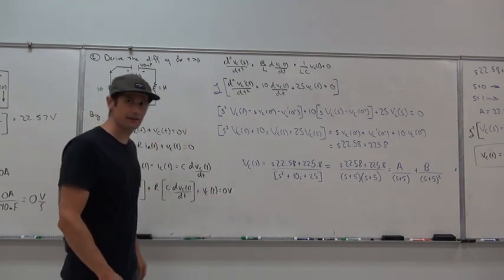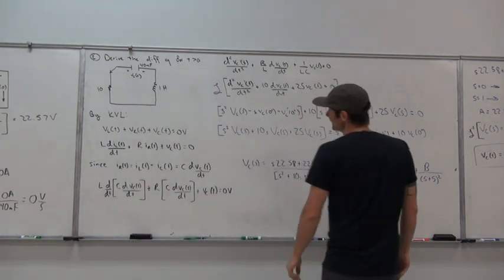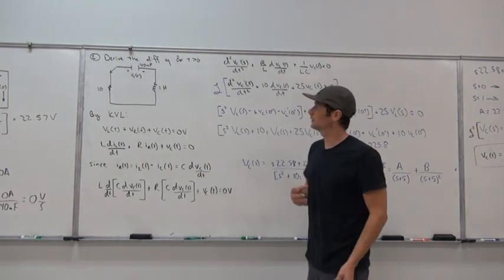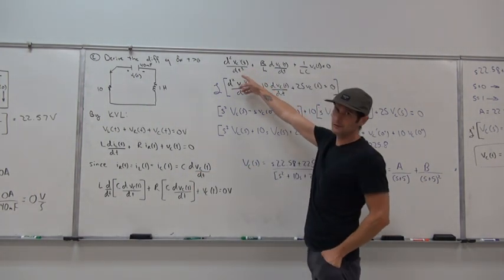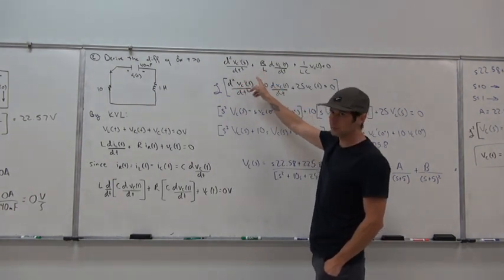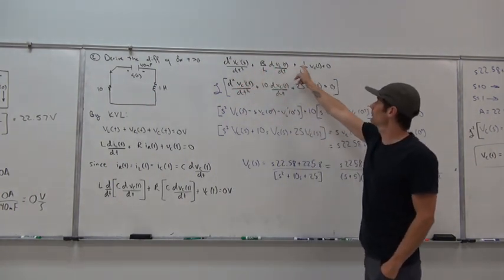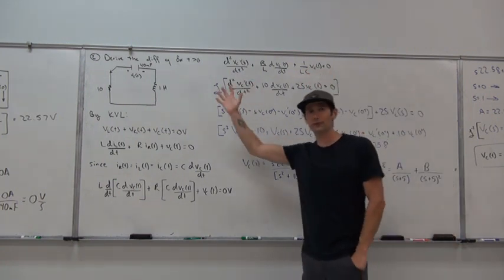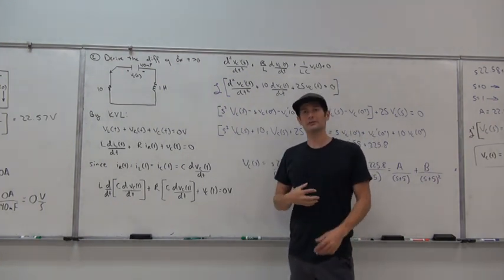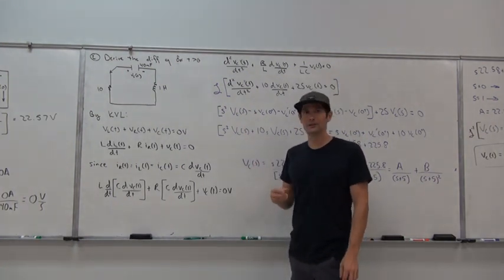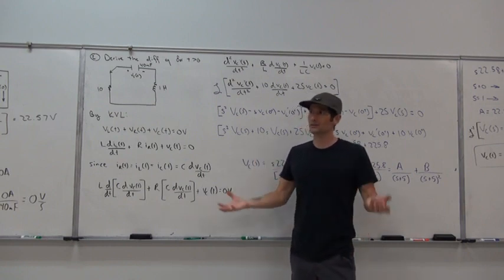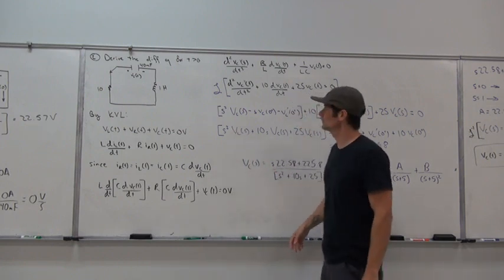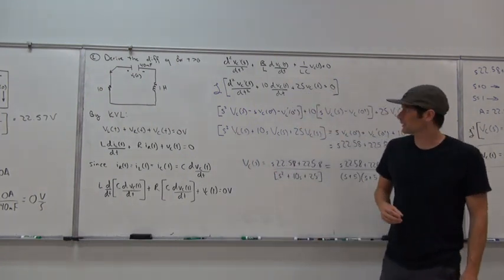Once we take the derivative of that derivative and divide through by LC to put this into standard form, we get d²VC(t)/dt² plus R/L dVC(t)/dt plus 1/LC VC(t) equal to 0. That makes sense because in a source-free RLC circuit, once the energy stored in the electric field of the capacitor is released, we burn it all up as heat in the resistor, and nothing is left for the voltage across the capacitor.